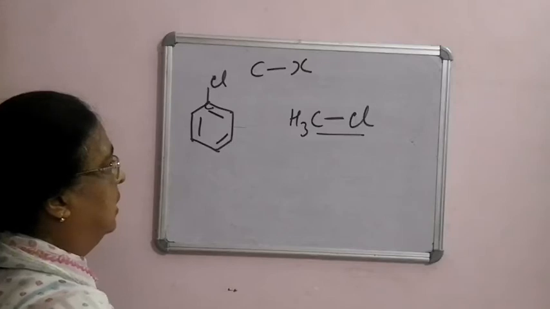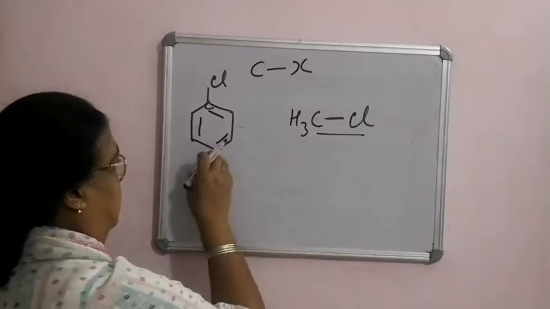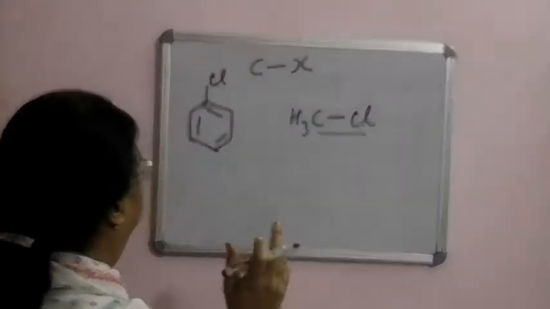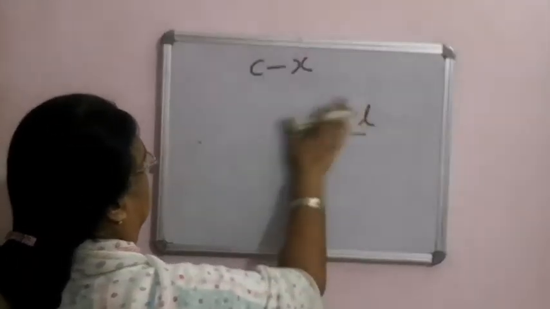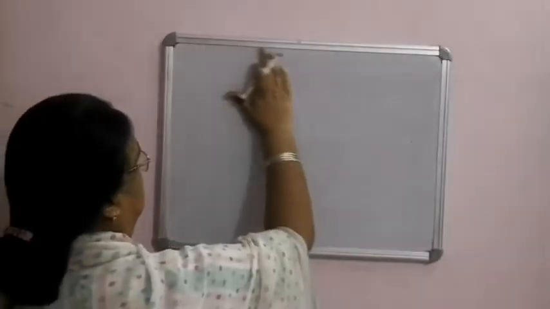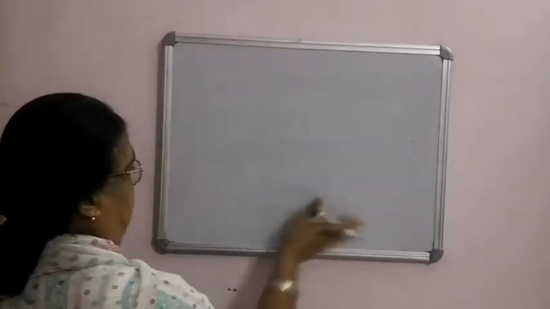So the alkyl halide is more reactive than chlorobenzene, and that is based on three points, that is three factors you can see. First, why chlorobenzene is less reactive than alkyl halide.